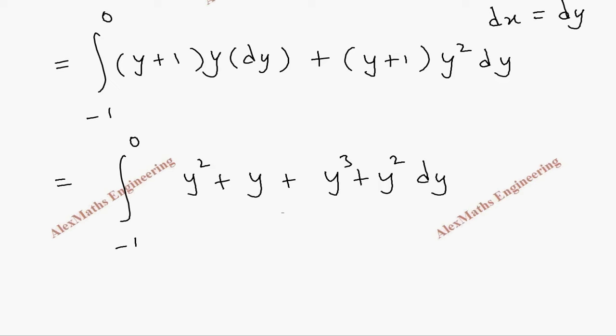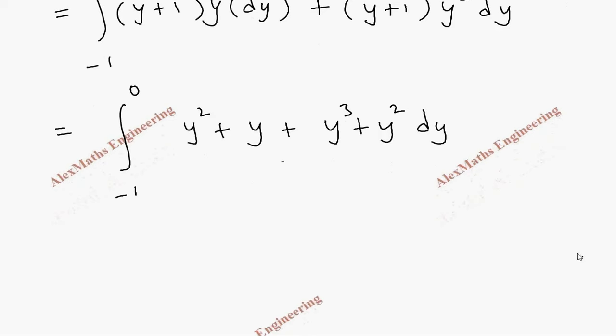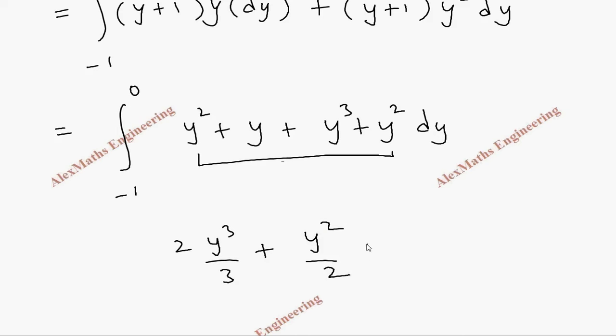So let's integrate again. This is y² + y and y³ + y². So y² and y² is 2y², so 2y³/3 on integration. y is y²/2 and y³ is y⁴/4. So totally we have the limit from -1 to 0.